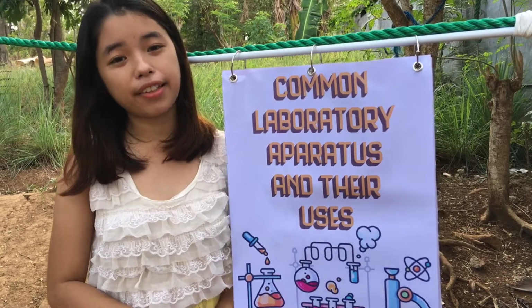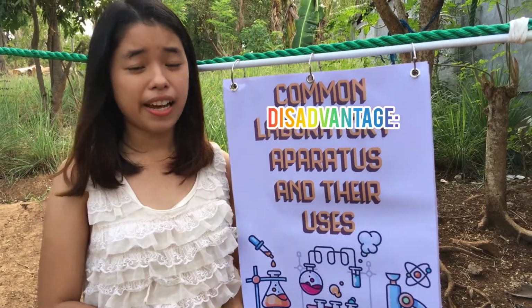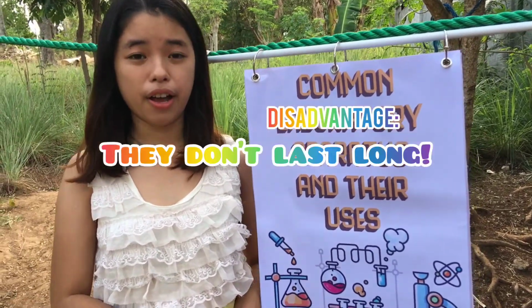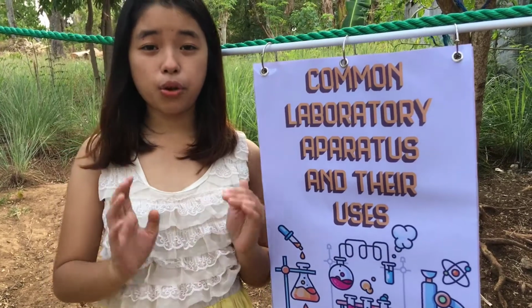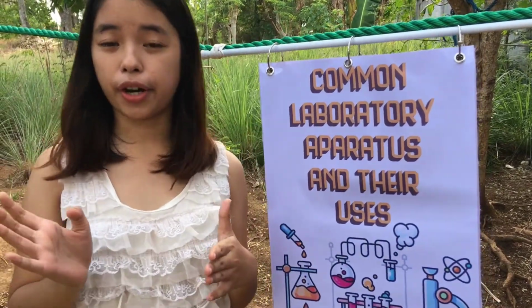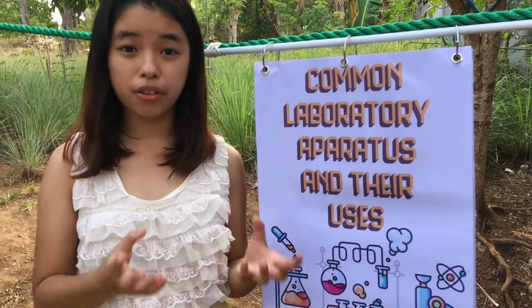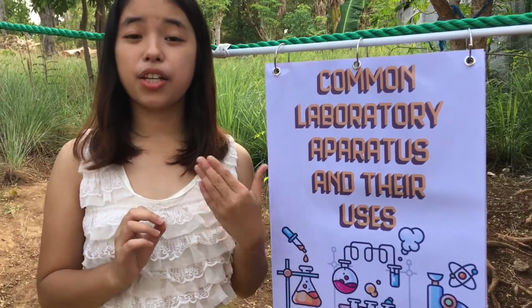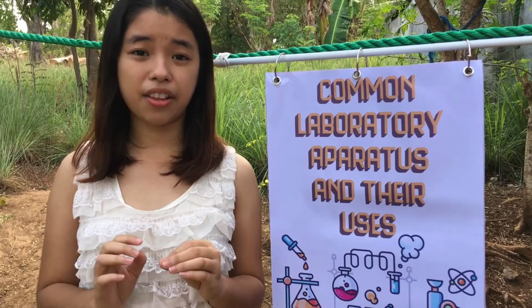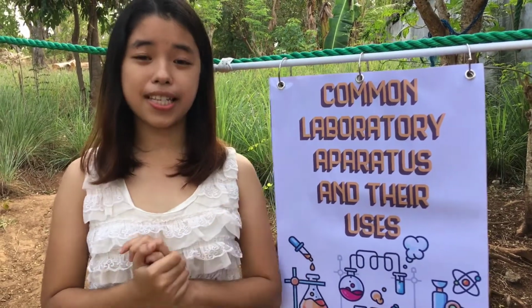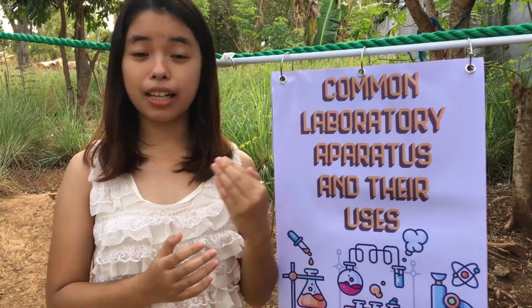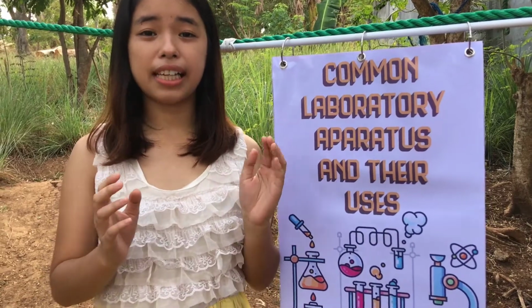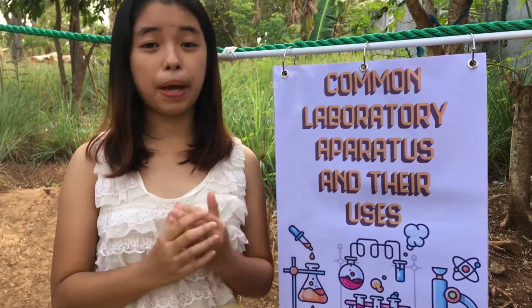But the disadvantage of using those materials is that they don't last long. For example, if you store them in a cabinet for a couple of days or months, just like in summer days, the paper is usually eaten by mites and other insects. Another instance is that when it rains, the water can easily damage the paper.